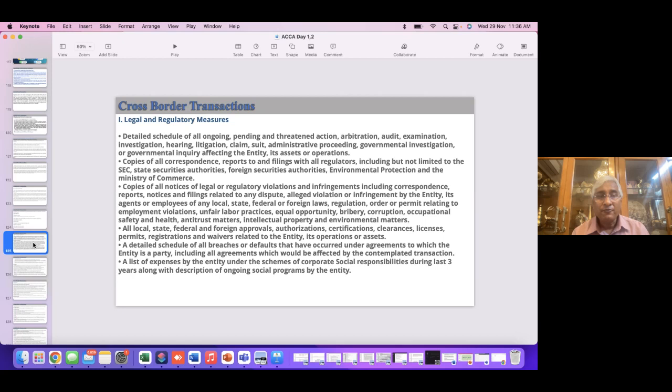But if you see that authorizations are not taken, approvals are not taken, certifications not obtained, clearances not obtained, licenses not granted or not taken, permissions not allowed, permits not granted, registrations not taken, or if registration is not taken but waiver is also not granted, under a similar scenario you may face a suit or legal actions.